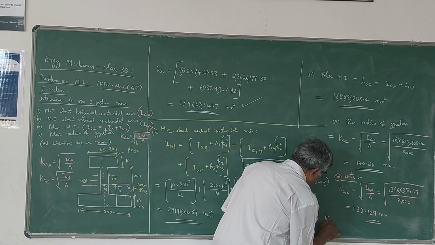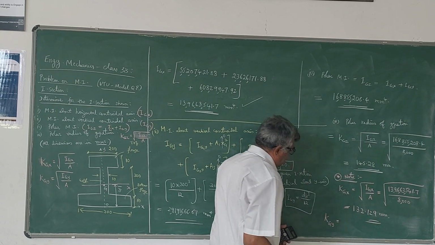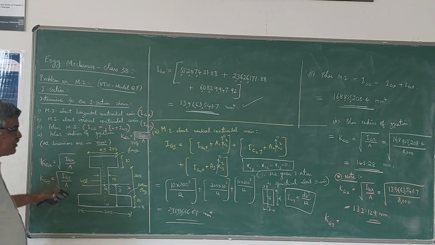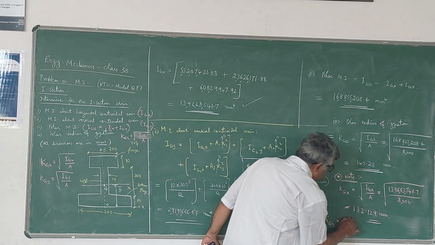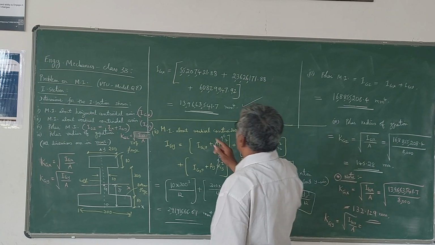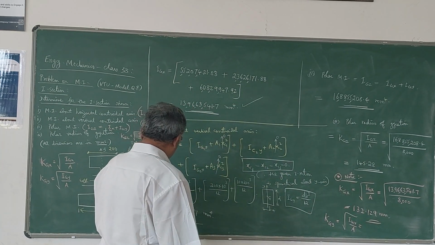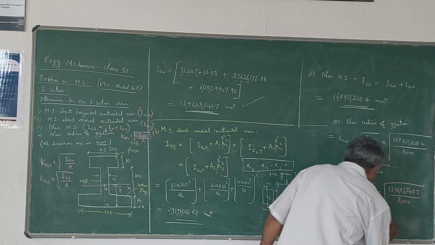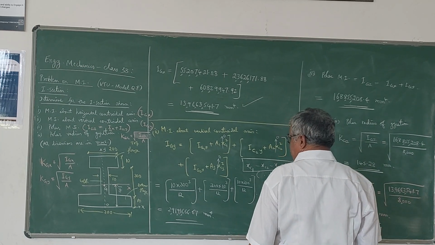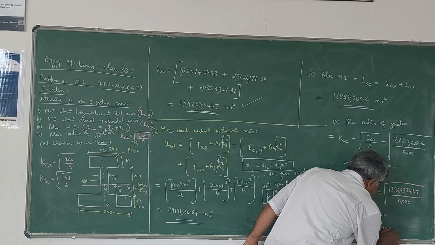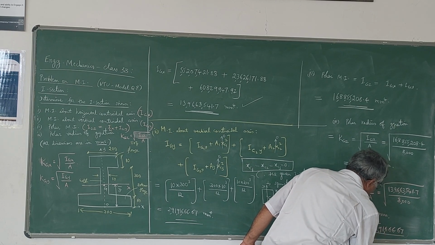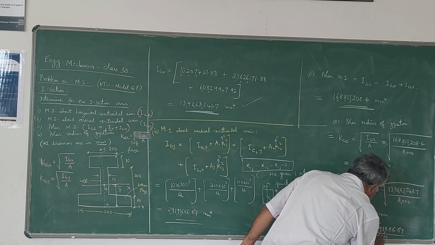Next, if you want the radius of gyration about the vertical centroidal axis kgy, it is given by root of Igy by A. Here Igy we got 29191666.67, divided by 8000 only, A is 8000 only, under root.